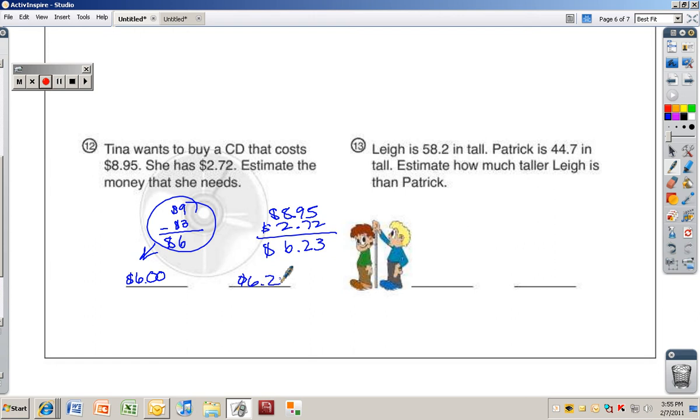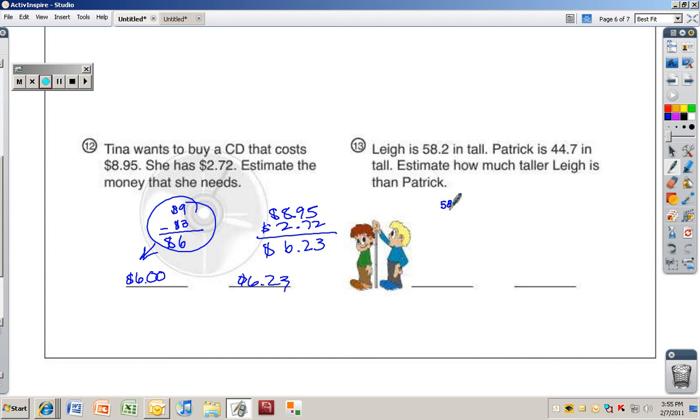Okay, Haley, why don't you do the last one? Okay. Leah is 58.2 inches tall. Patrick is 44.7 inches tall. Estimate how much taller Leah is than Patrick. So then you would make 58.2 into 58 because 2 is smaller than 5.